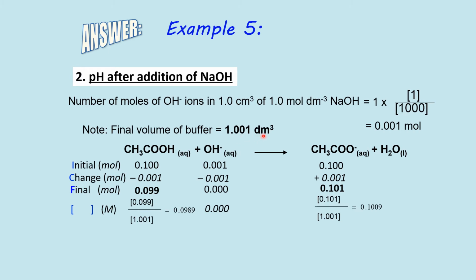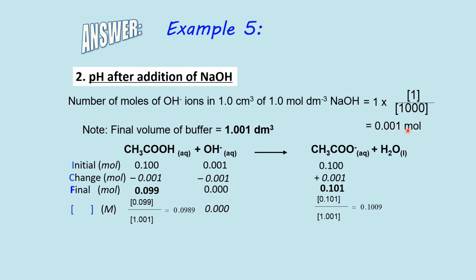And then the number of moles of the sodium hydroxide has to be found, which is 0.001 mole. Why is it 0.001 mole? We are applying MV per thousand: M1 V1 divided by 1000, so the number of moles is 0.001 mole.